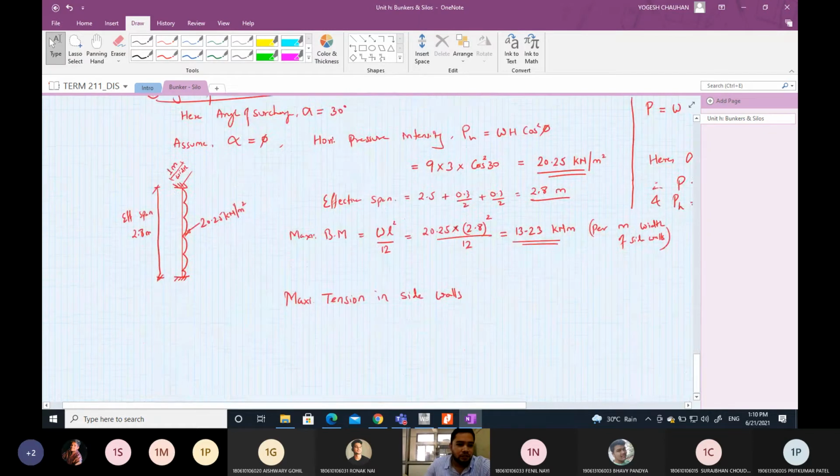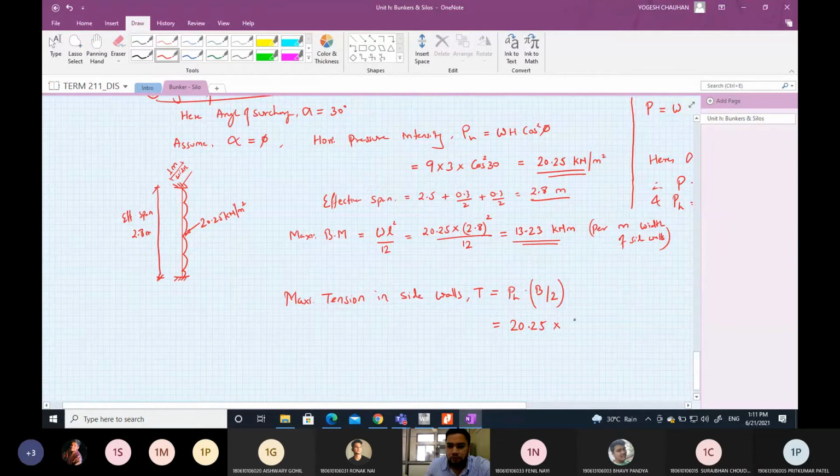So the maximum tension in the walls will be equal to, let us say it is T. So T is equal to the horizontal pressure, that is PH, into B by 2. And the horizontal pressure is 20.25 and the width is 2.5 by 2.